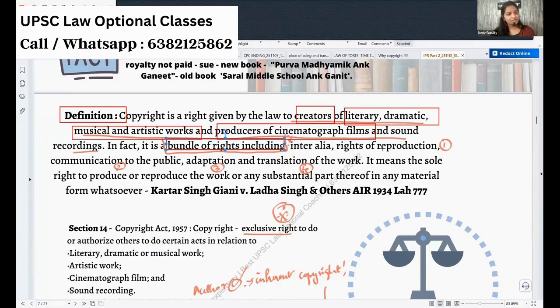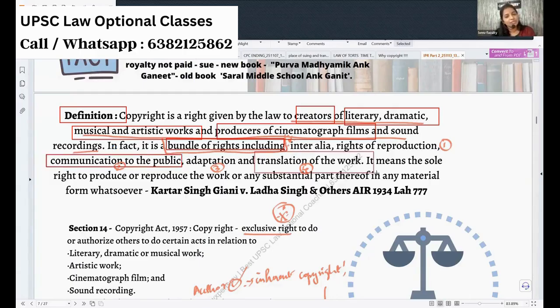What rights? Like the right to reproduction and the right to communication to the public. So you can reproduce the same work and also communicate the work to the public, and you can adapt the work. You change a mime to a dance, then the dance to a film, like from a novel to a film, something like that. You adapt it.